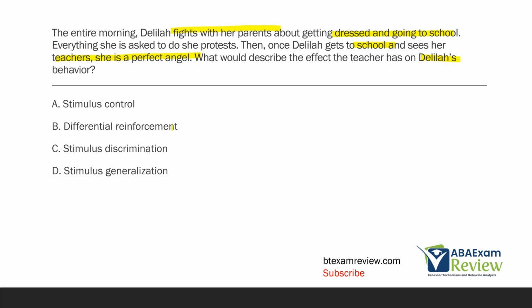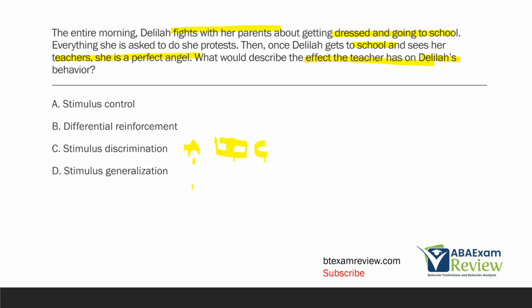B, differential reinforcement. The effect the teacher has is not differential reinforcement. Maybe the teacher used differential reinforcement, but that isn't what the question is asking or describing. C, stimulus discrimination. Stimulus discrimination is when we are able to choose a certain stimulus out of a group. So if I said pick B and you could select B out of the three here, that is discriminating between stimuli, not happening here.